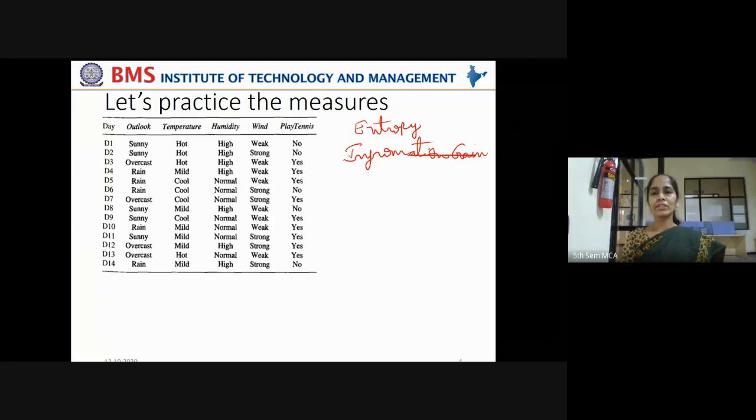What is the relationship between entropy and information gain? When entropy increases, what will happen to information gain? Decreases, ma'am. It decreases, very good.